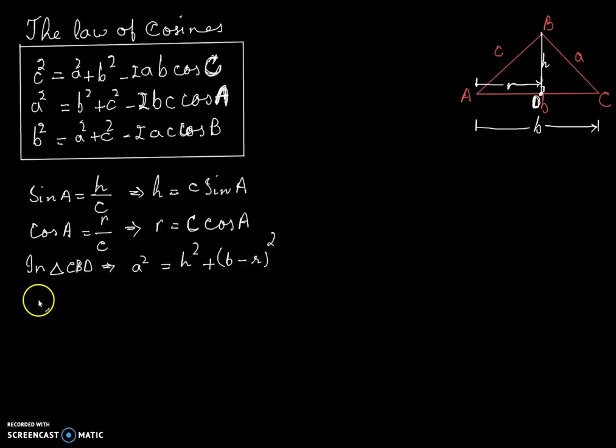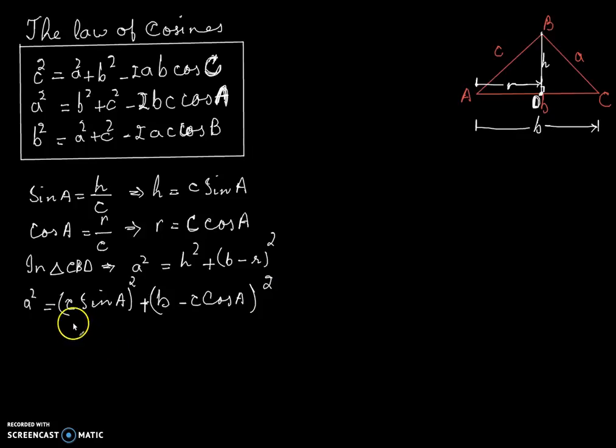So let me see what happens if I do that. A squared is equal to H squared, so C sine A whole squared, plus B minus R, so B minus C cos A whole squared.